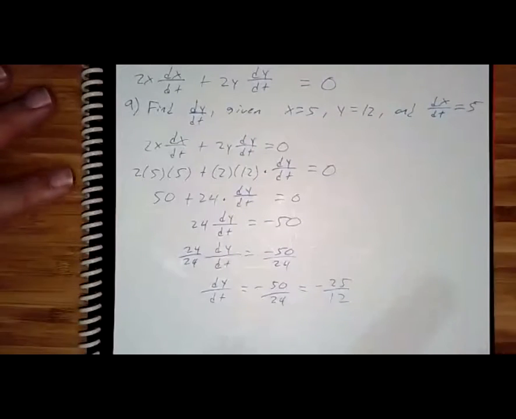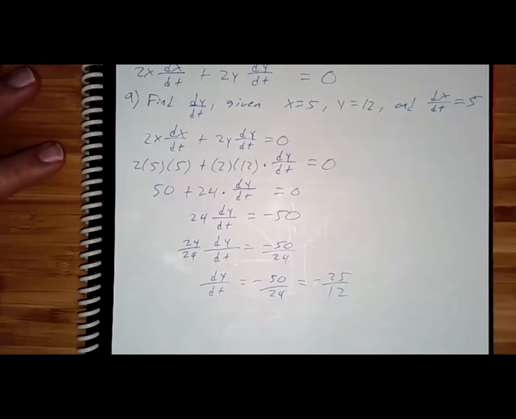Thank you. Yeah, no worries. And for when you did 2 times 5 times 5, it was because you plugged in the x and then you plugged in the dx/dt. And that one was 5 too, right? Yeah, they just both happen to be 5. Okay, cool.